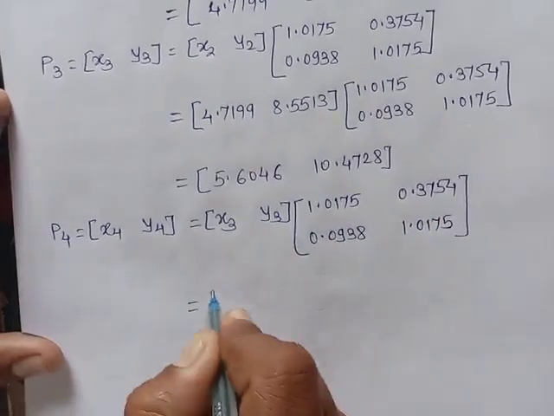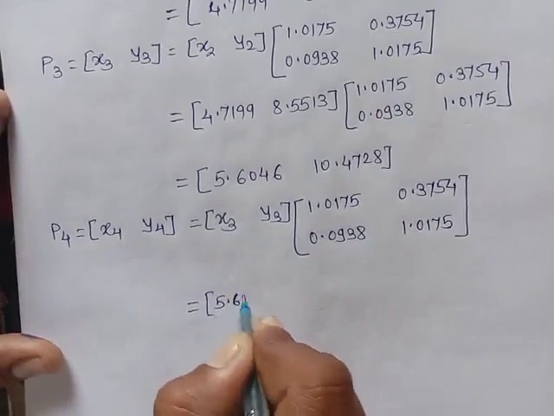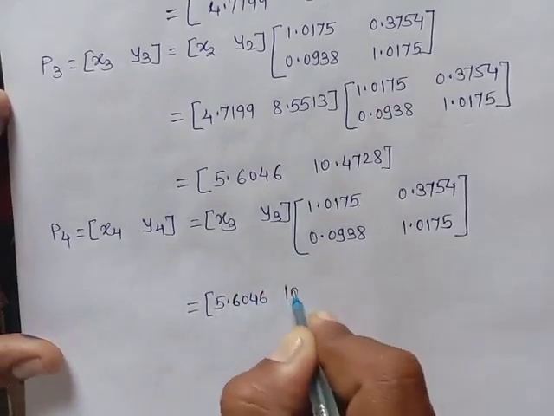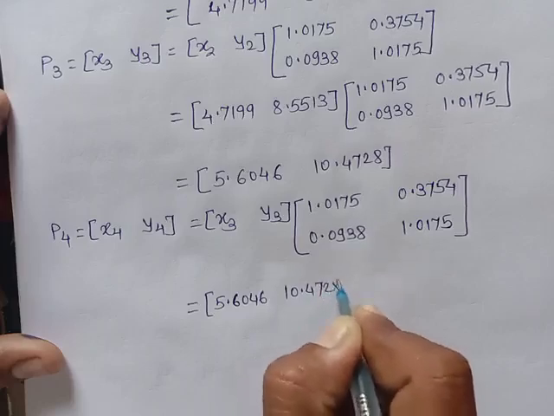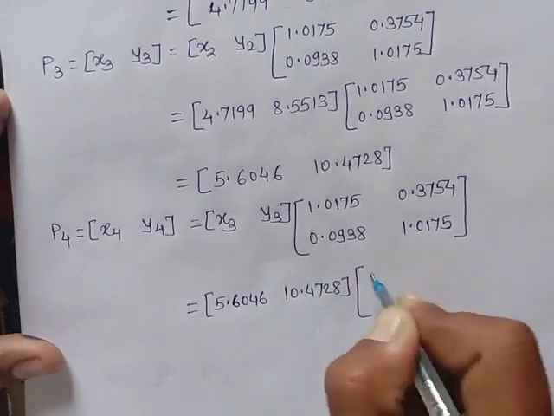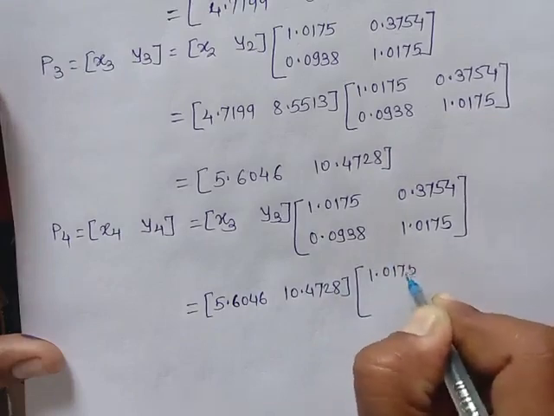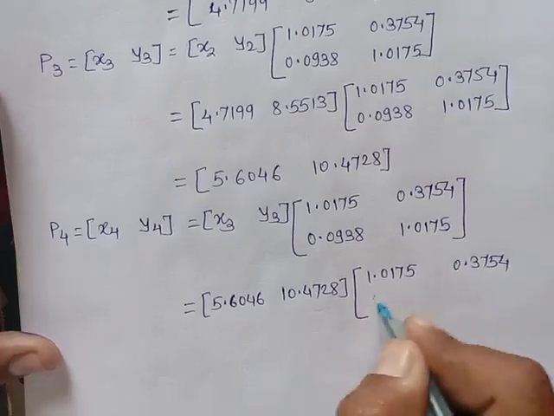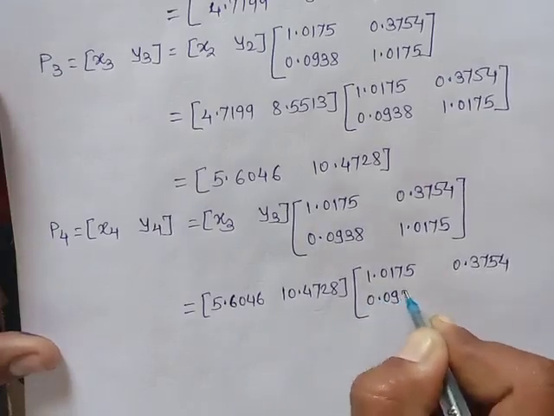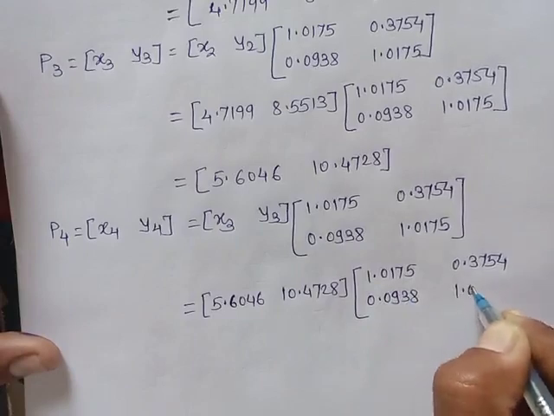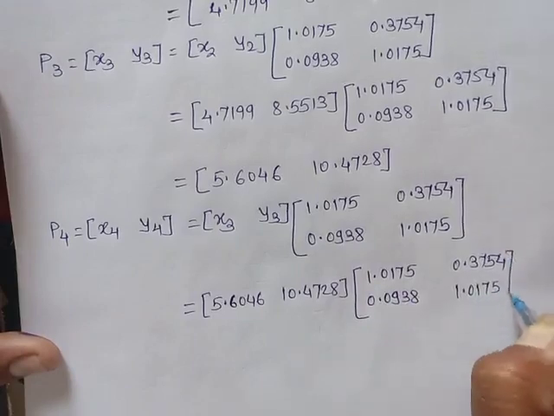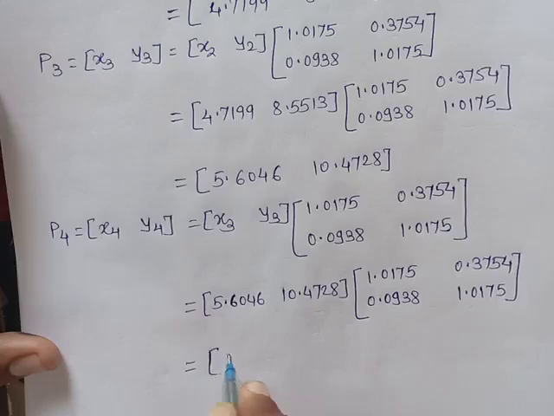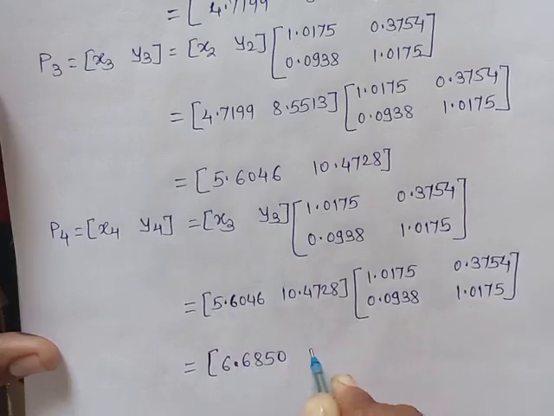And that will be 5.6046, 10.4728 into 1.0175, 0.3754, 0.0938 and 1.0175. So it is 6.6850, 12.7600.